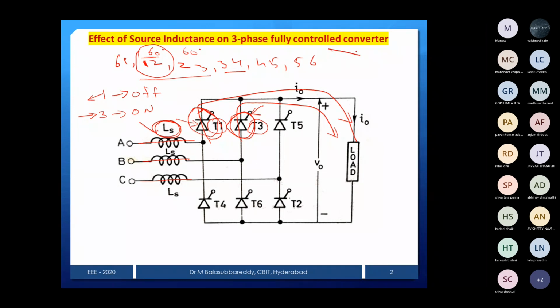Let us see at any instant this current is the load current, some magnitude carried by thyristor 1, up to 60 degrees.